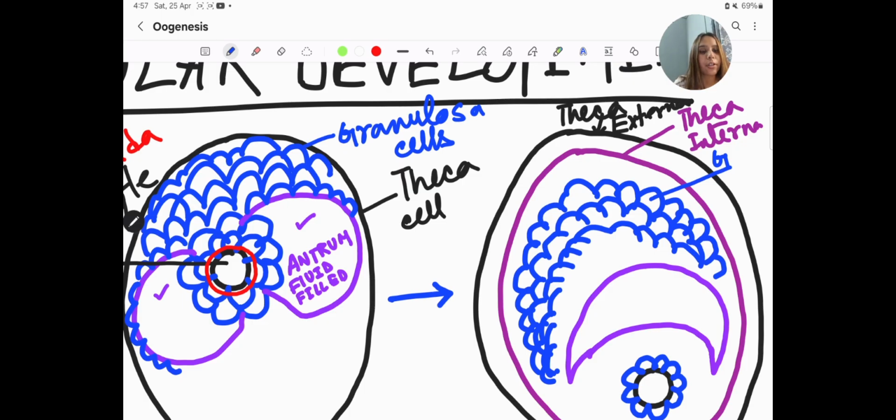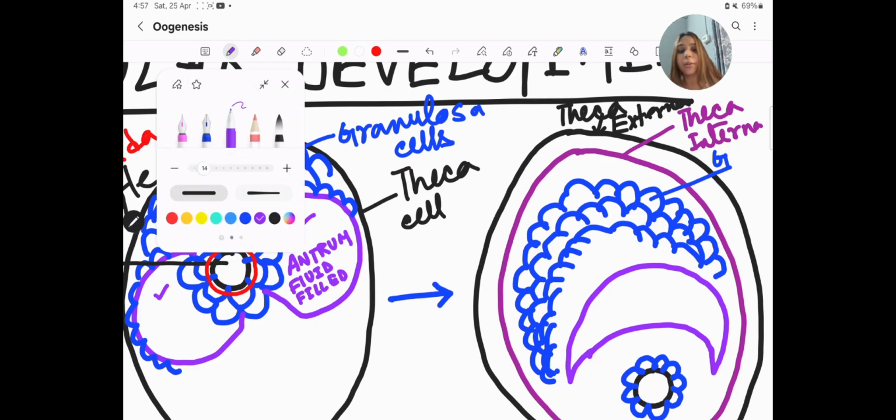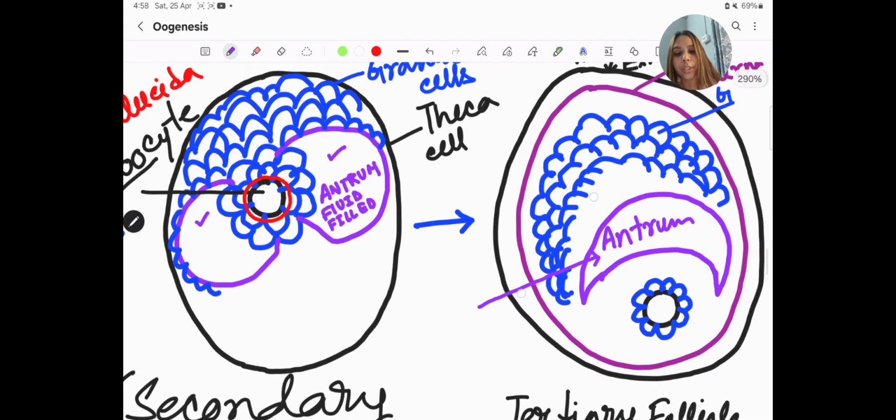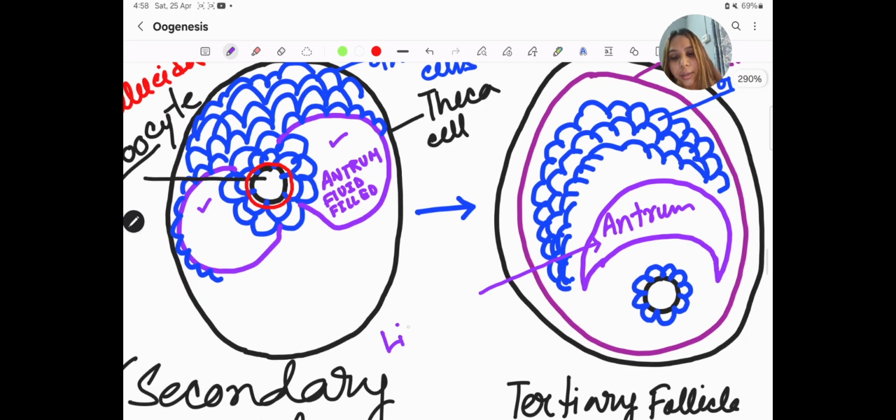G for granulosa cells. And what is the noticeable difference? The antrum becomes so large and it forms the liquor folliculi. It is nothing but the fluid filled cavity.